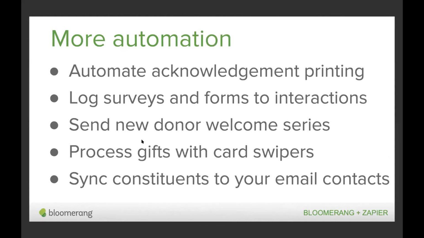You can also automate acknowledgement printing, log surveys and forms to interactions, send new donor welcome series, process gifts with card swipers, or sync constituents to your email contacts. As you can see, there's a full spectrum of ways that automation and integration with Bloomerang can support your fundraising strategy, but also your internal operating procedures.